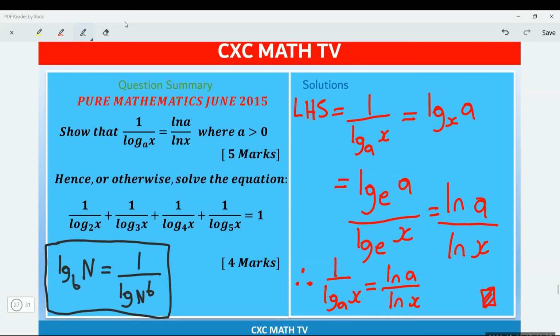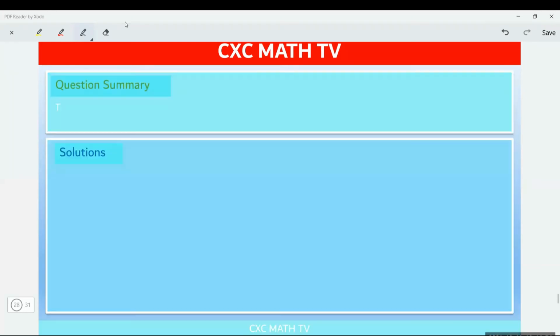Now the second part says, hence, solve the equation: 1 over log base 2 of x plus 1 over log base 3 of x plus 1 over log base 4 of x plus 1 over log base 5 of x equals 1. So let's do it on this page right here.